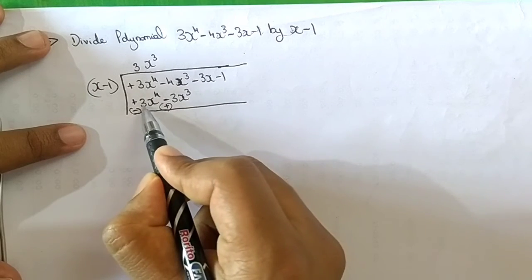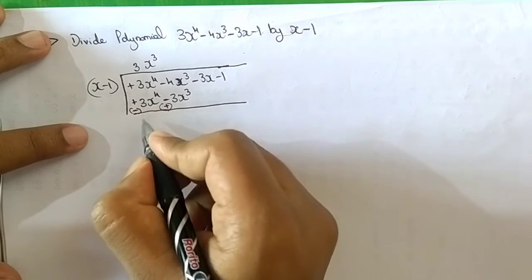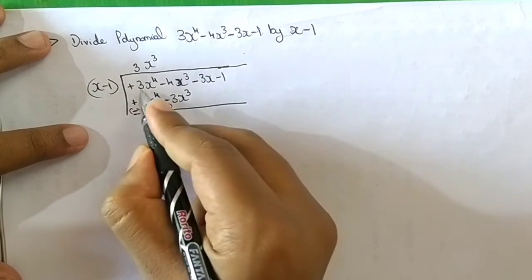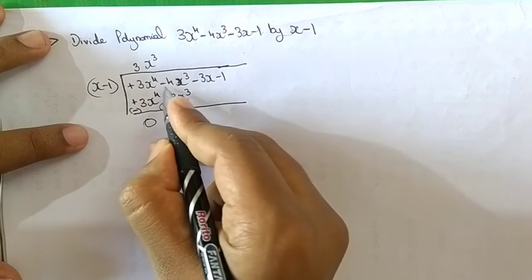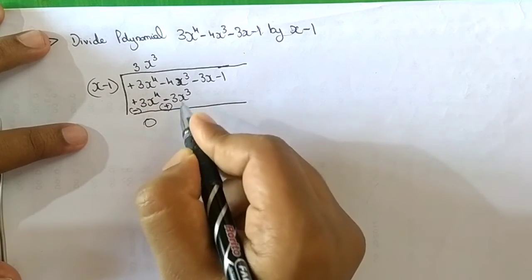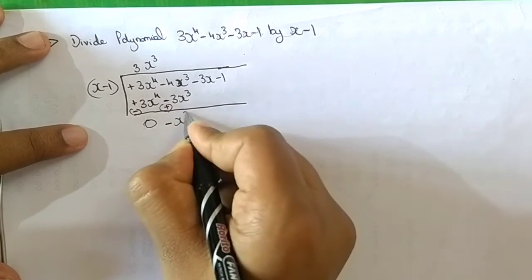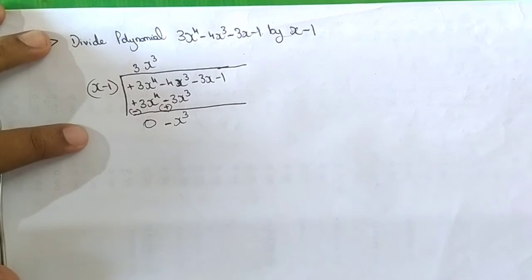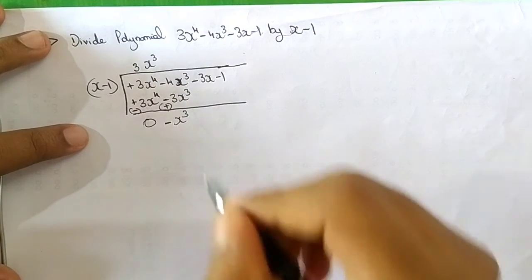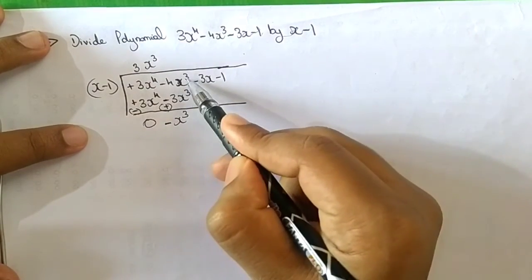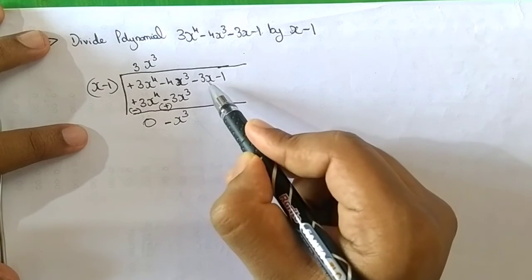3x power 4, 3x power 4, they cancel. This minus this cancels. Minus 4x cube plus 3x cube gives you minus x cube. Now here you should notice one thing. We have x power 4, we have x cube, and there is no x square.